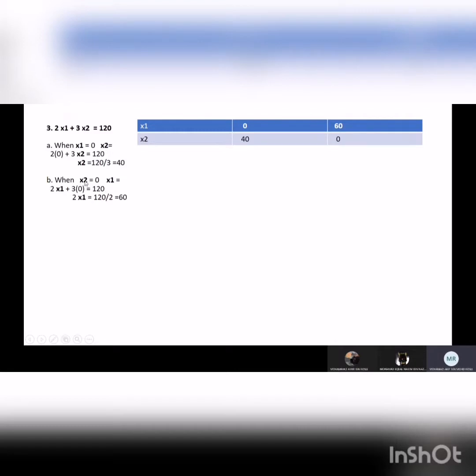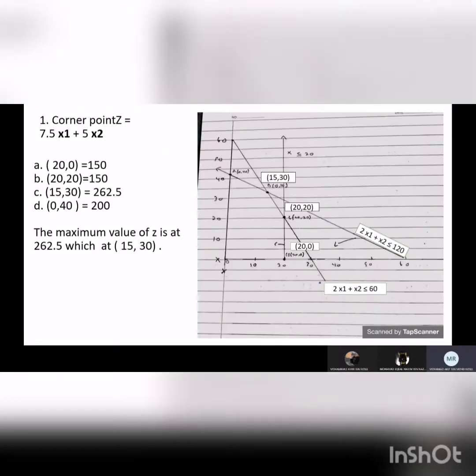Why 3 times 0? Because we want to find the x1, not the x2. So x1 equal to 120 divided by 2 equal to 60. And this is how we can get the graph plotting from constraint number 1, constraint number 2, and constraint number 3. And for the next, I will pass to the next presenter, which is Amir.